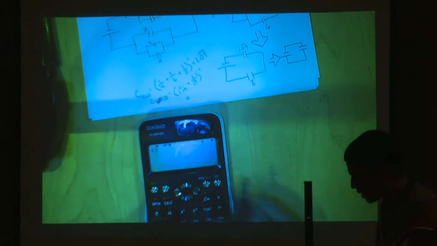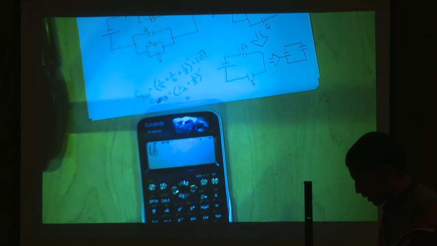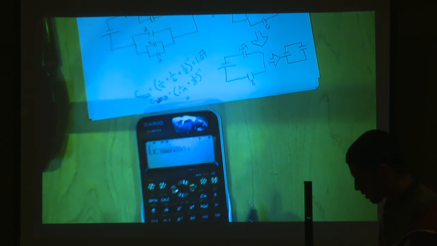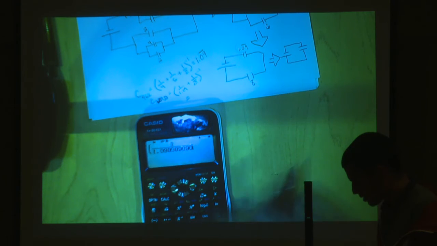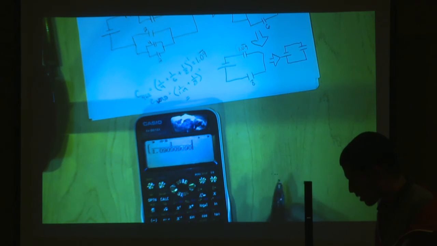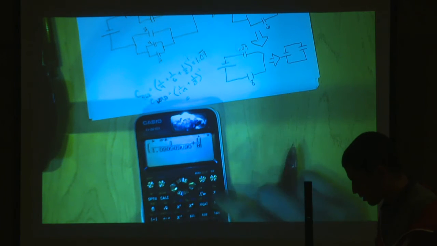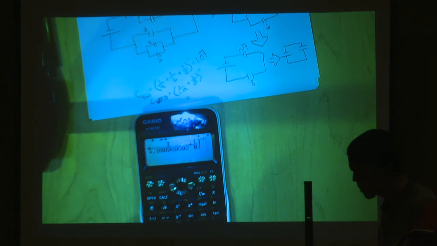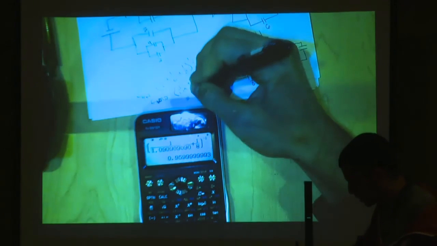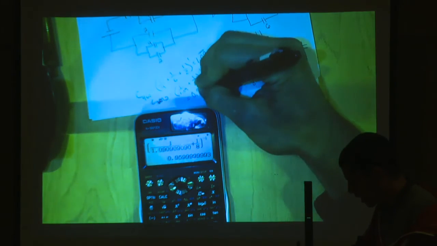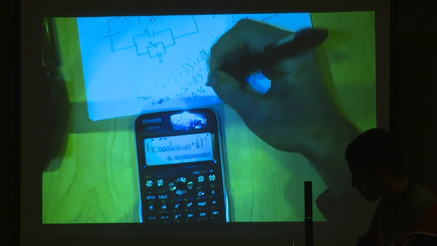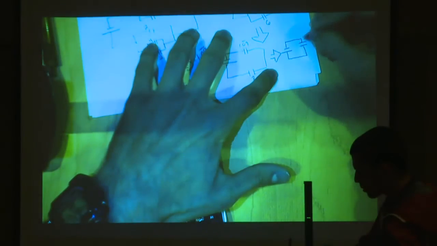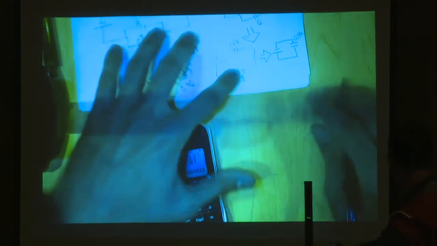Oh yeah, so 1 divided by 1.09090909 plus 1 divided by 8 to the inverse, and click enter. Thus we get 0.96. Okay, so here we have 0.96.